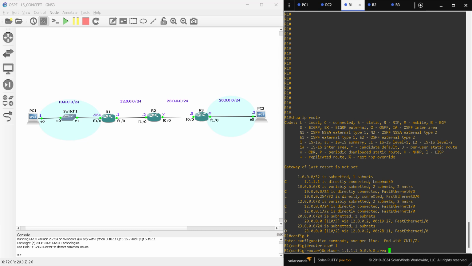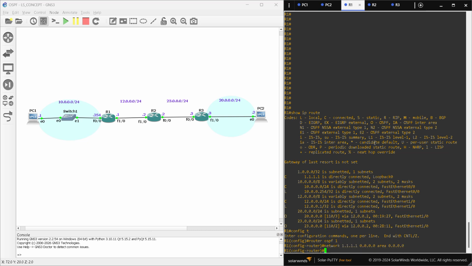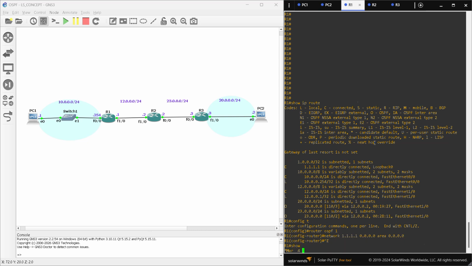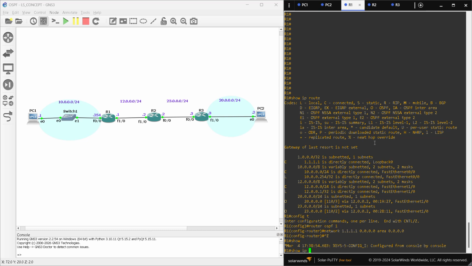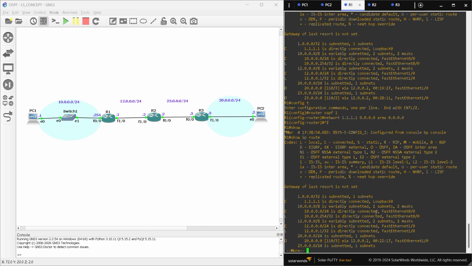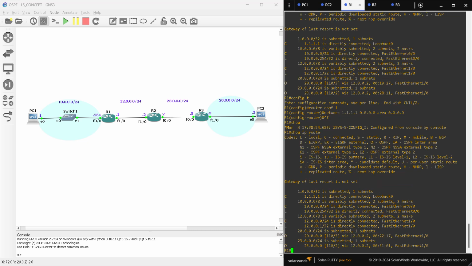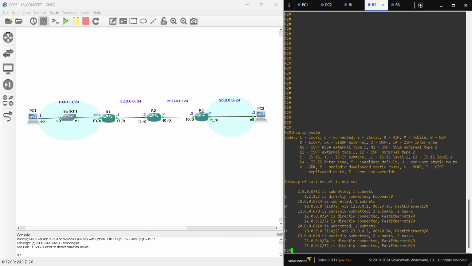After that, area. There are two ways to give area: the very first is this, and the second one is this. Now if you go and check show ip route, initially it was this.